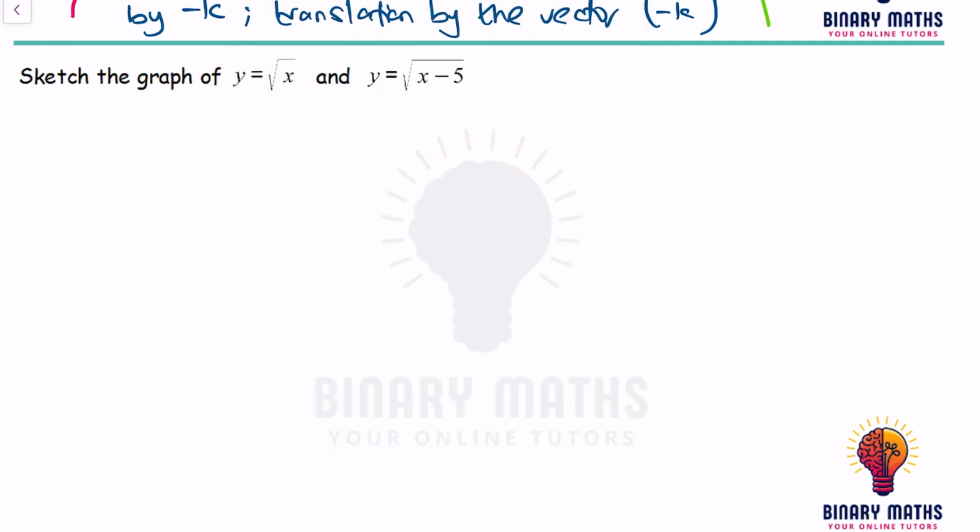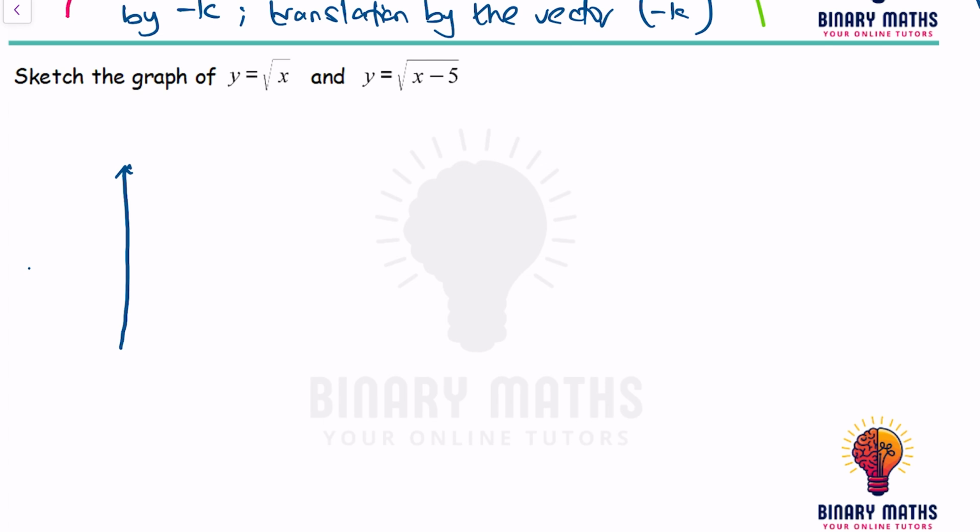Okay, so sketch the graph of y is equal to root x and y is equal to root x minus 5. So if I think of y is equal to root x as the original, then y is equal to root of x minus 5, because the minus 5 is inside, affecting the x, yeah?